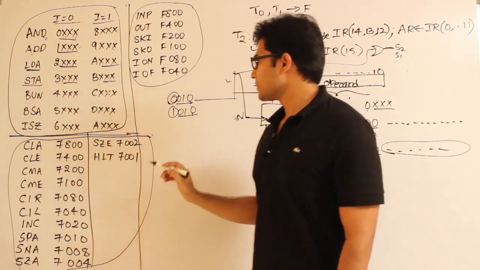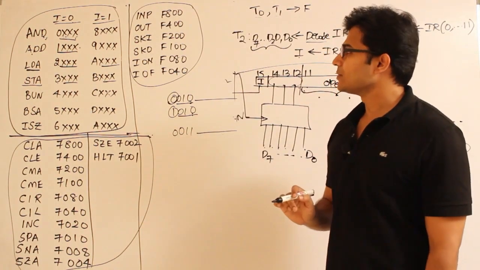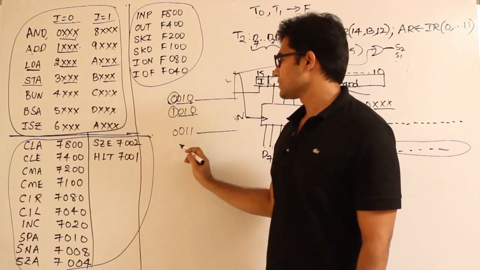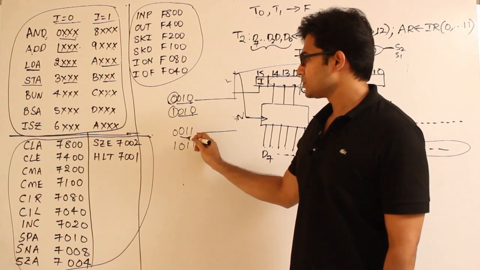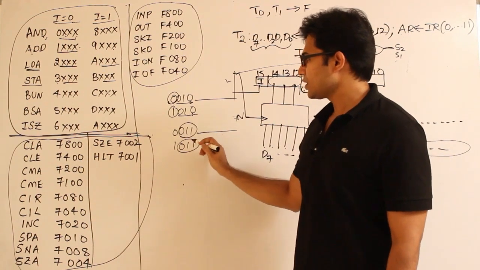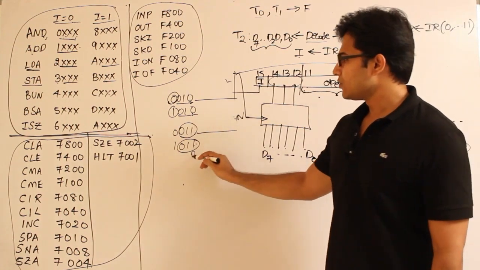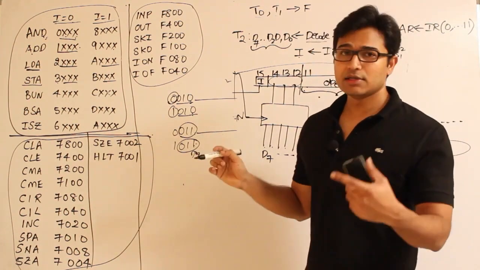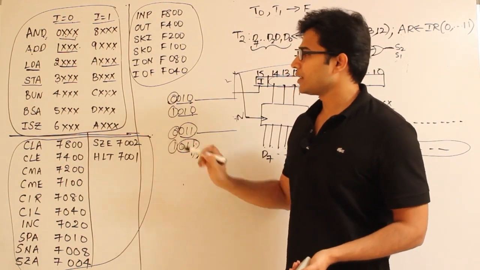Now 3XXX means it is 0011, which is 3, and XXX means 12 bits. And what about BXXX? It is nothing but 1011. So anyway, for both of these instructions, this instruction type is going to be D3. So D3 is going to be enabled, and I told you that D0 to D6 is memory reference, and this bit is going to say direct or indirect.